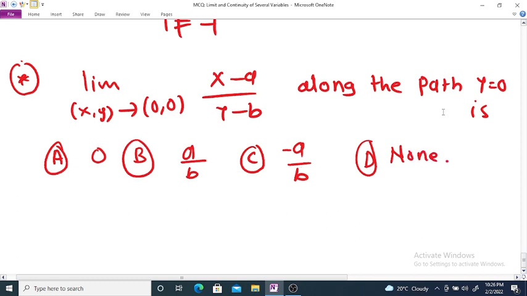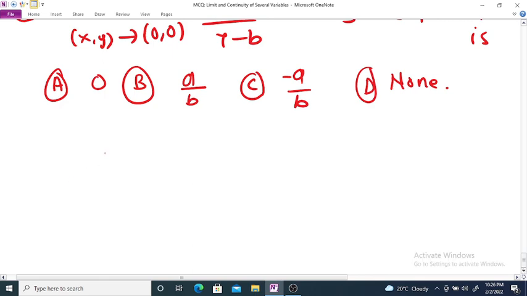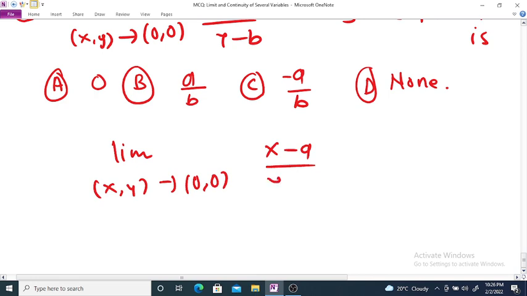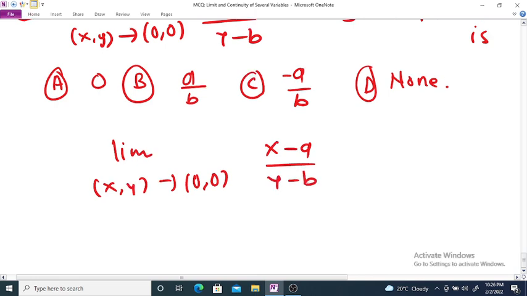So we want to determine the limit along y is equal to 0. Here the function is given, limit as (x, y) tends to (0, 0) of (x minus a) divided by (y minus b), and the path is given y is equal to 0.